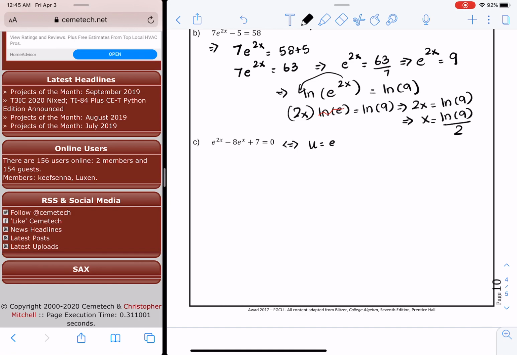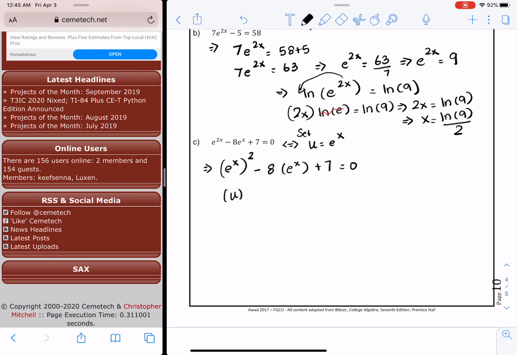If I set u equals e raised to x, I could write e raised to x squared minus 8 e raised to x plus 7. But I made a substitution that u is equal to e raised to x.